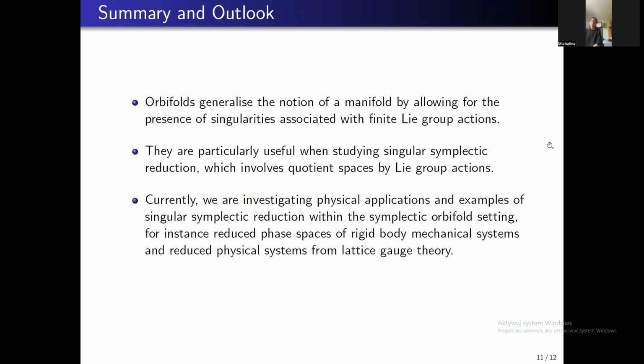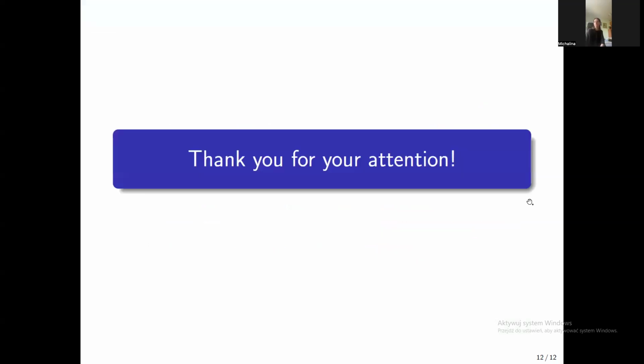And currently in my master thesis, we are investigating physical applications and examples of singular symplectic reduction with this orbifold setting. For instance, we study the reduced phase space of a rigid body mechanical system and also a reduced physical system from lattice gauge theory. So that is all. Thank you for the attention.